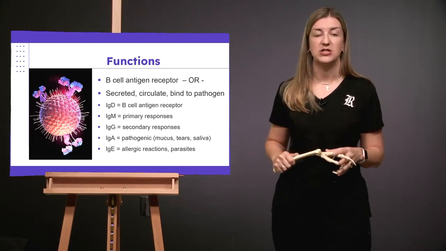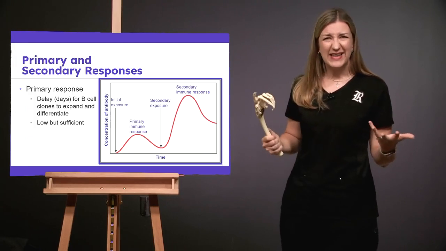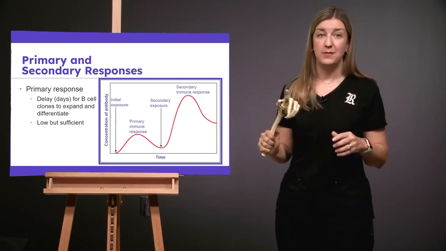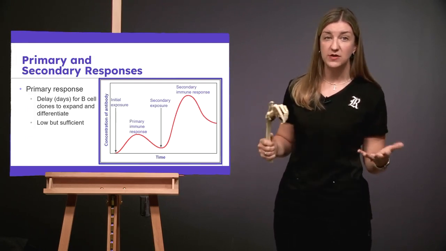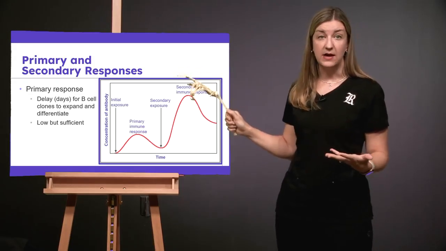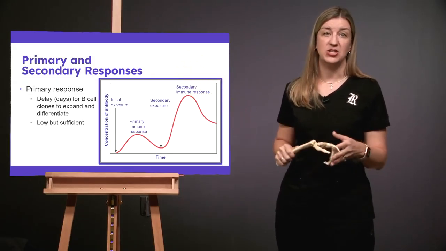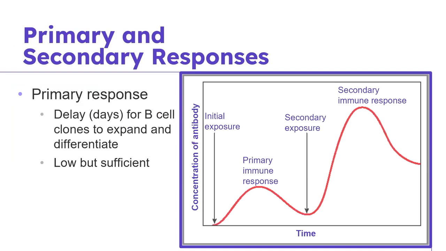So what exactly happens with B cells the first time you are exposed to a pathogen versus future exposures? As you can see here, there is a delay in antibody production after the initial exposure. This primary response can have an initial delay of a few days as the B cells clone and take time to expand and differentiate and mount their defense.